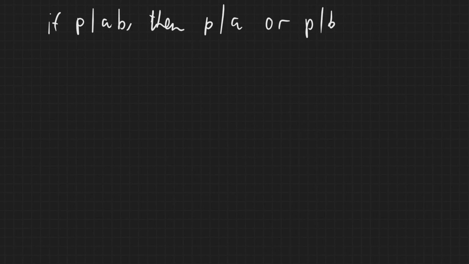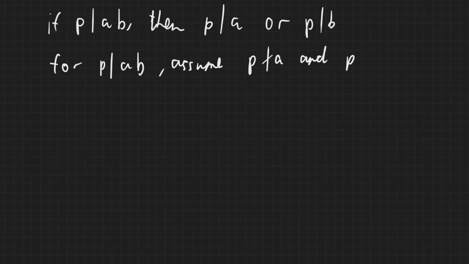And we can show that this is true by doing a proof by contradiction. So for some prime number that divides the product a times b, we assume the opposite of what the lemma states, namely that p does not divide a, and it also doesn't divide b. And we will show that this leads to a contradiction.